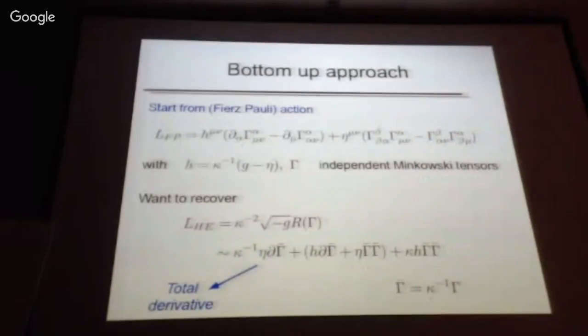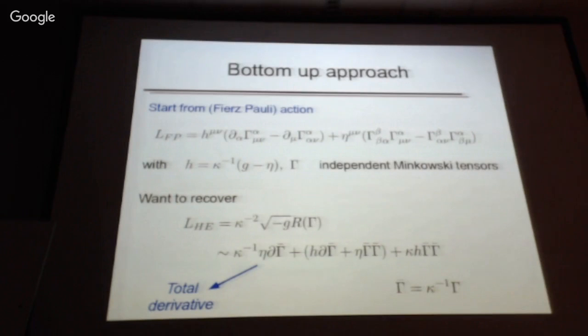So let's see how it works. If I start with just free gravitons, written in terms of h and gamma, this is the action that I get. So this is the Lagrangian, sorry. And it goes by the name of Fierz and Pauli. It was developed at the beginning of the 20th century.